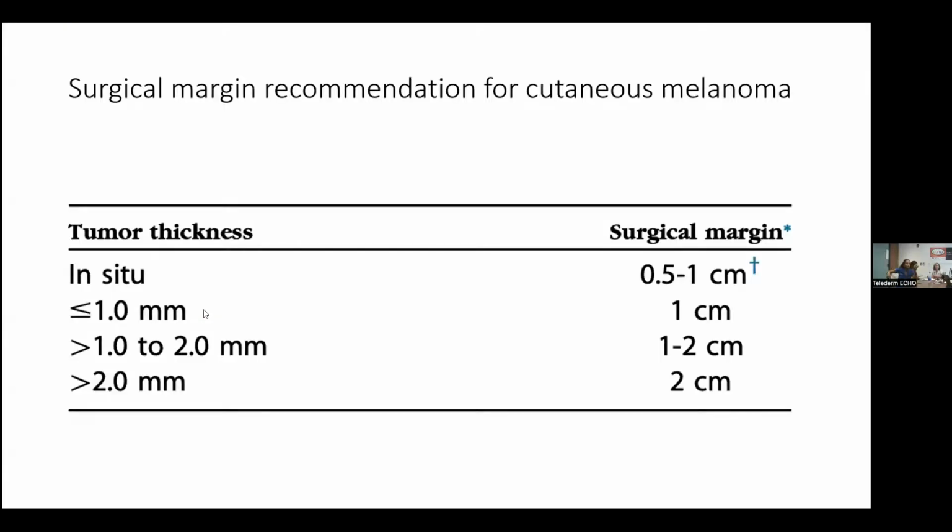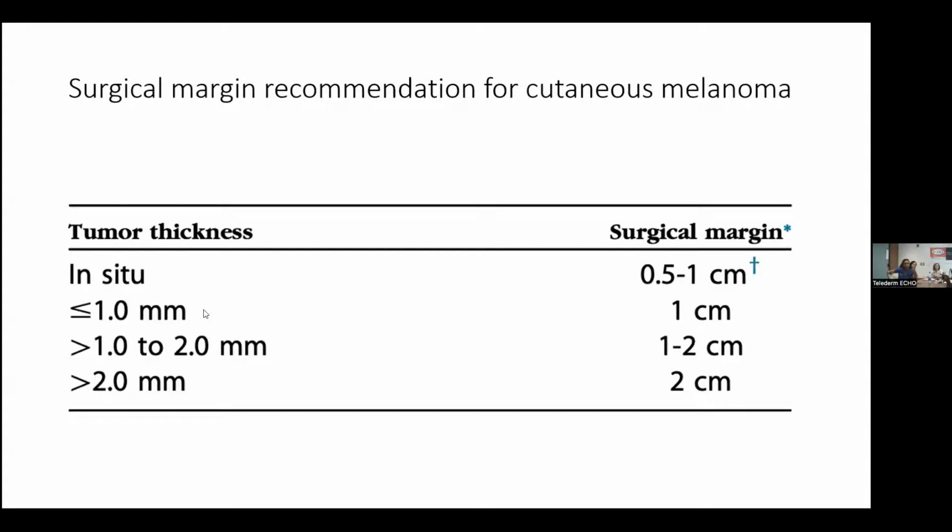Once we know that it's invasive melanoma and it's a thickness of 0.9 millimeters, the next question is, what millimeter margin should we take when we are excising it out? According to the American Academy of Dermatology, if you have in situ melanoma, your surgical margins should be between 0.5 to 1 centimeter. If your melanoma's thickness is less than or equal to 1 millimeter, then your surgical margin should be 1 centimeter.